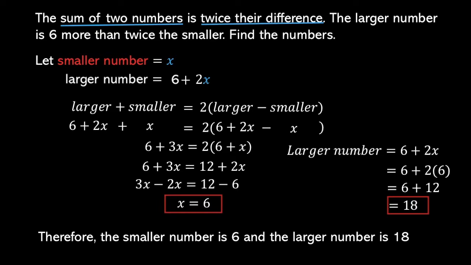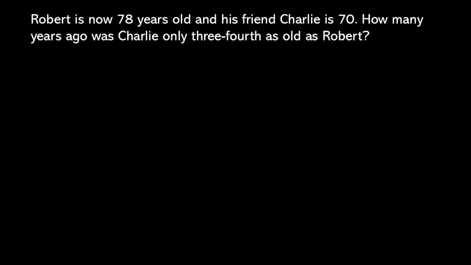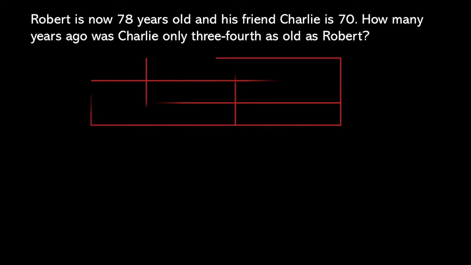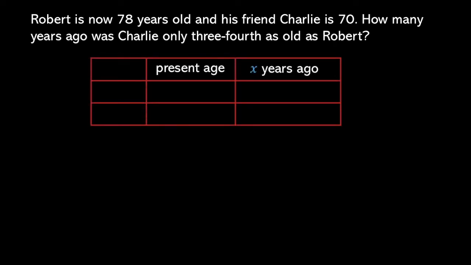Let's try another problem. Robert is now 78 years old and his friend Charlie is 70. How many years ago was Charlie only 3/4 as old as Robert? In these types of problem, it would be helpful if we create a table. In the first column, I will write Robert and Charlie's present age.